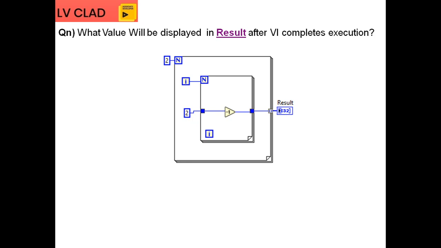What value will be displayed in the result after the VI completes execution? Here you have to understand that we are using multiple loops. There are two for loops incorporated in this program, and you have to understand how it is functioning.